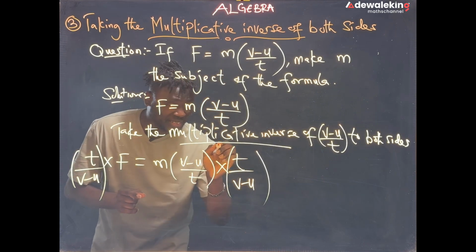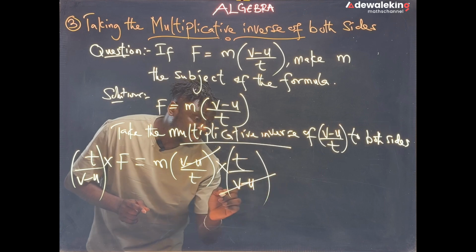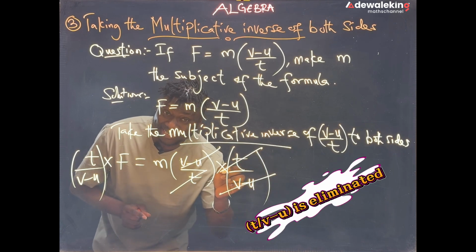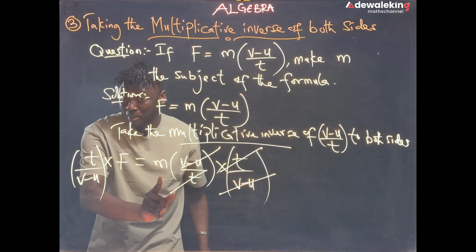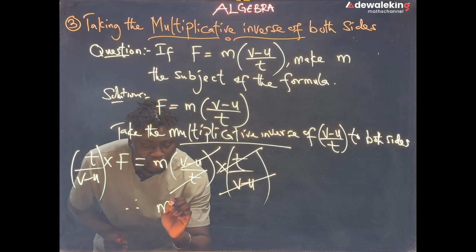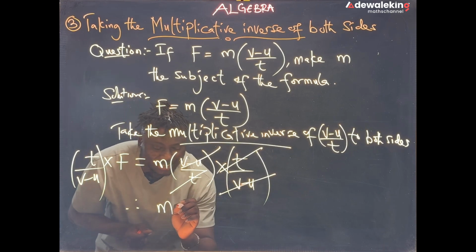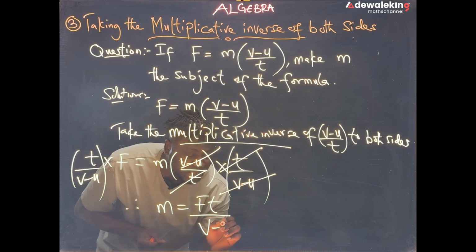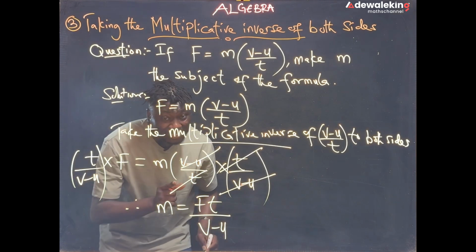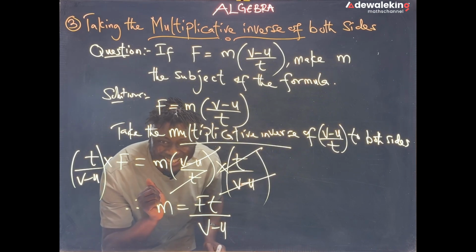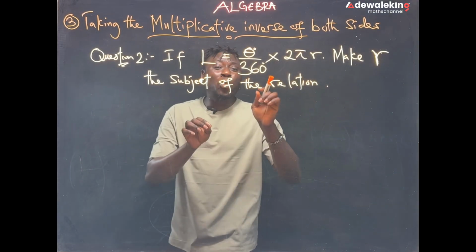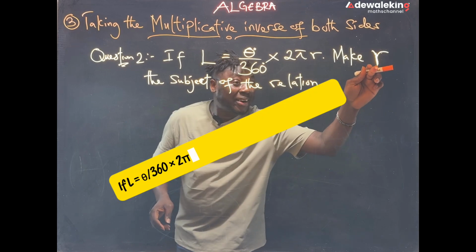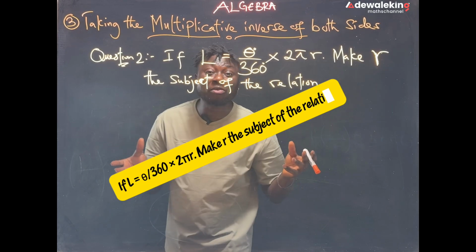So this will cancel this, and this will cancel this. So we are left with m. So m, you can flip this around as m is equal to ft over v minus u, and that will be the answer.